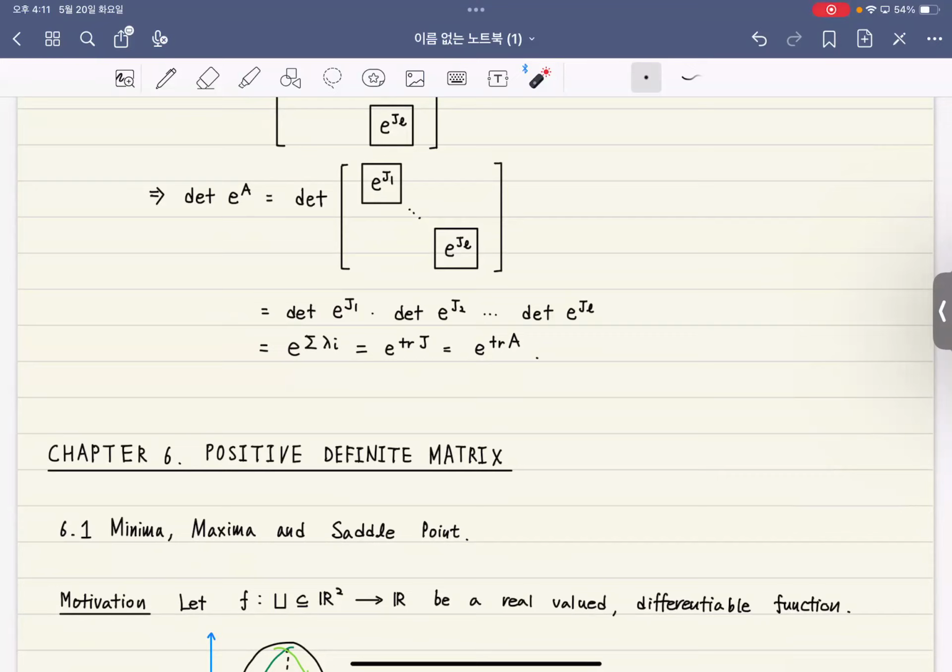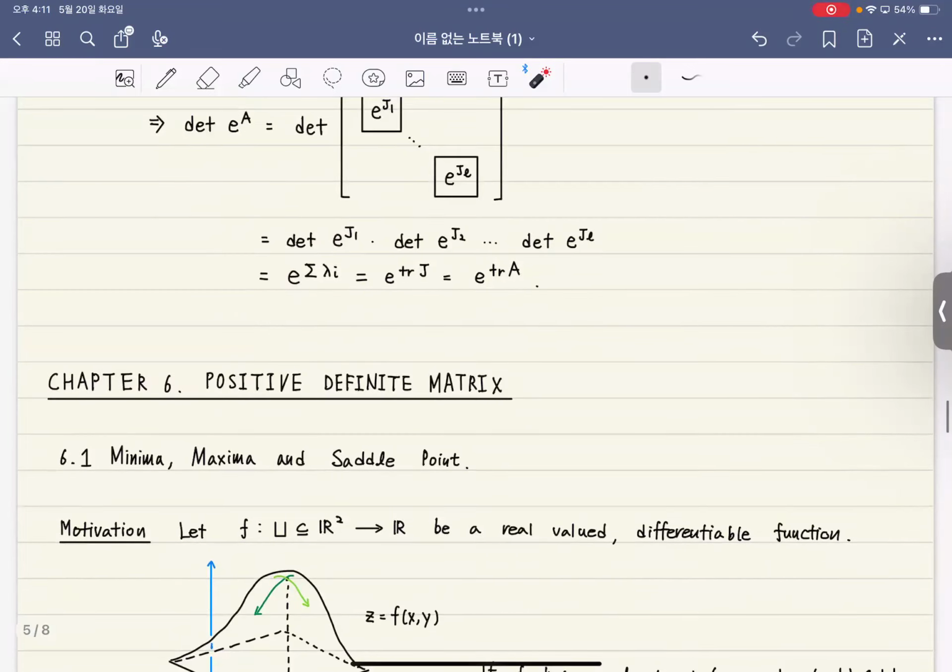All right. So this is the end of chapter 5. Now we are turning to the next chapter, chapter 6. Before I begin chapter 6, I also need to mention this. In chapter 5, we implicitly assumed that every matrix is a complex matrix, right? Even though your matrix A has all real entries, your eigenvalue can be some complex number.